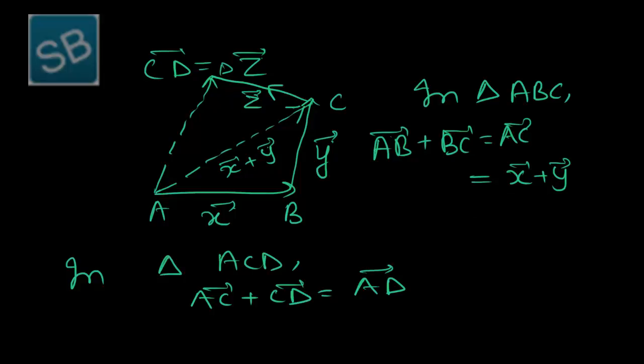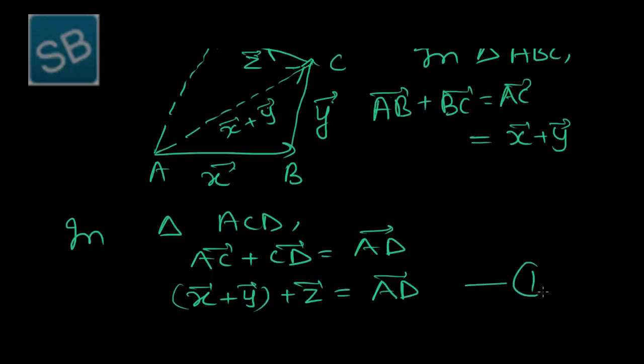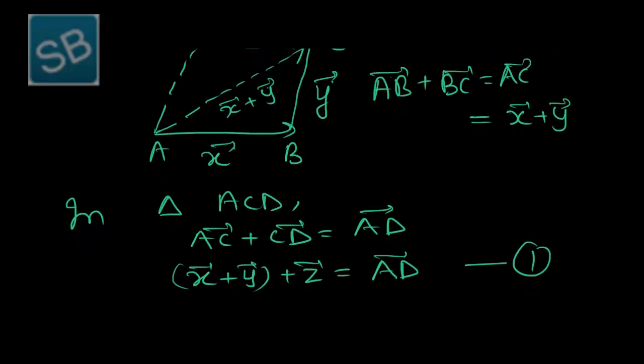That is AC is x plus y and CD is z. So AD is vector x plus y in one bracket, that is first vector, plus z vector, that is number 1.